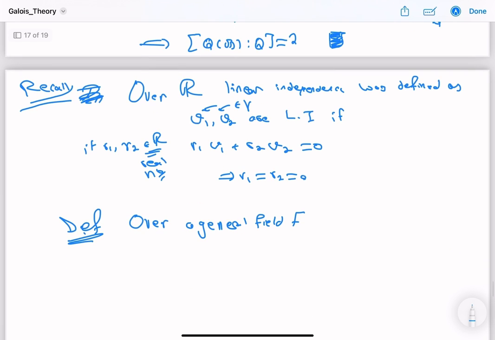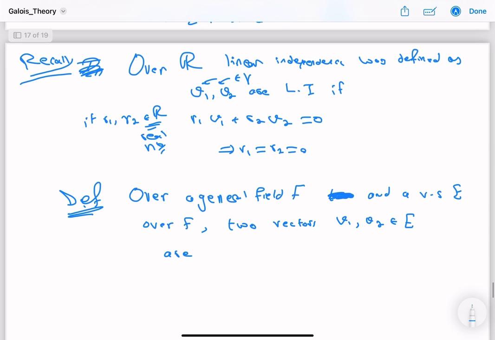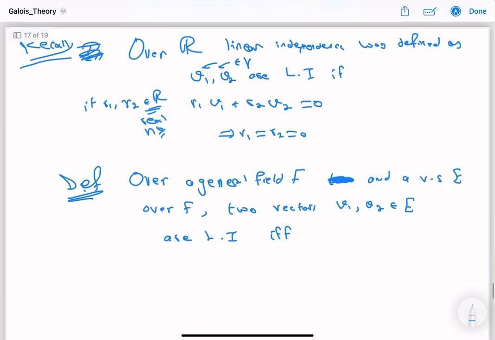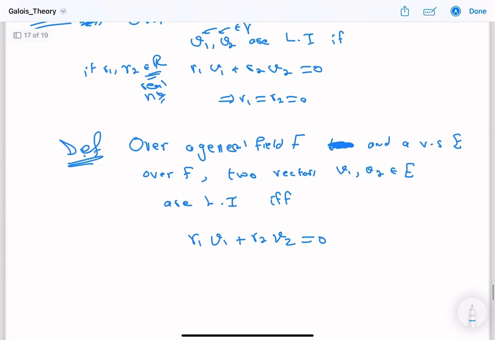Over a general field F and a vector space E over F, two vectors v1, v2 in E are linearly independent if and only if we have the relation r1 v1 plus r2 v2 equals 0, where r1 and r2 are now in F. So this is the distinction that I'm trying to make.